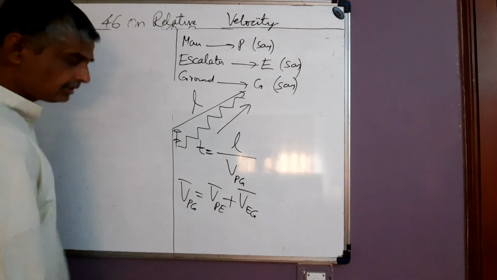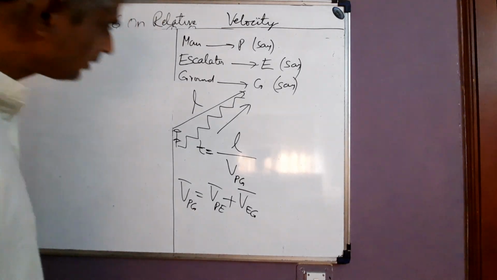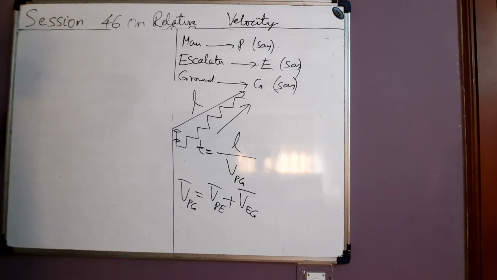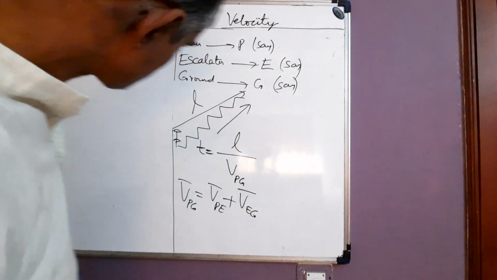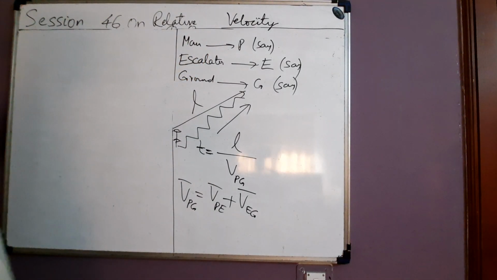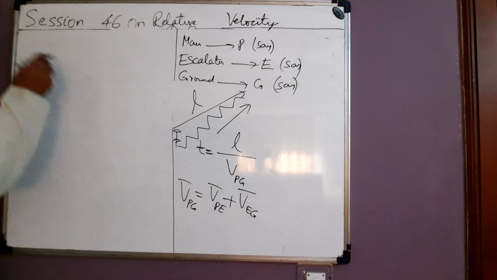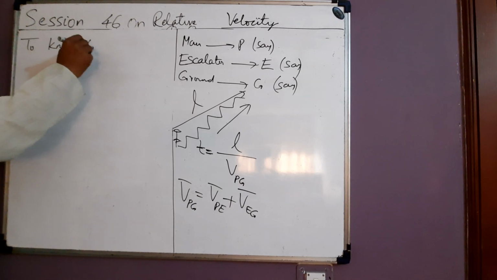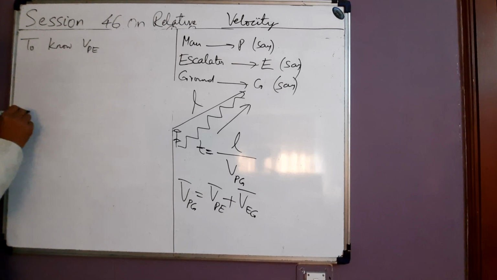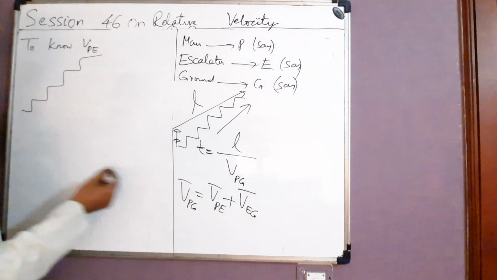Now how to find Vpe? That is the question. It is given that the person walks up the stalled escalator in 60 seconds. Stalled escalator means what? Static escalator. So this is to know Vpe. Suppose this is a stalled escalator. Stalled escalator means Veg is 0.